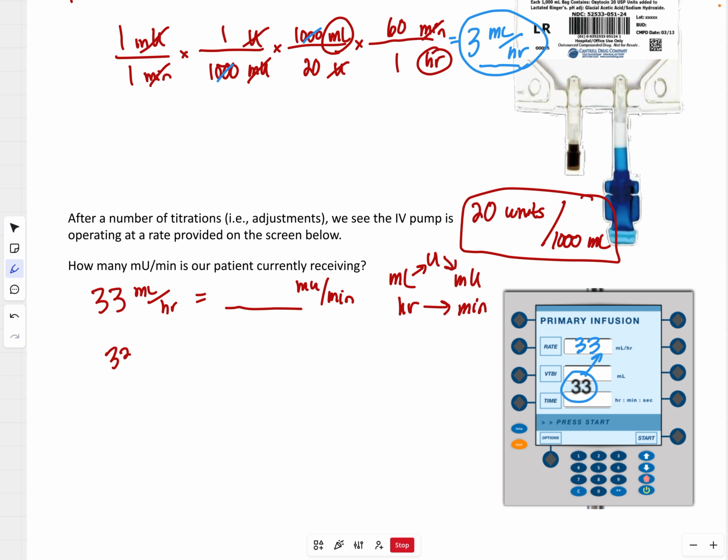I'm going to move forward. I'm going to turn my mLs into units. There are 20 units in that bag. There's 1,000 mLs in that bag. If I stopped right now, I would have units per hour. Not quite what I want. I want to turn those units into milliunits.